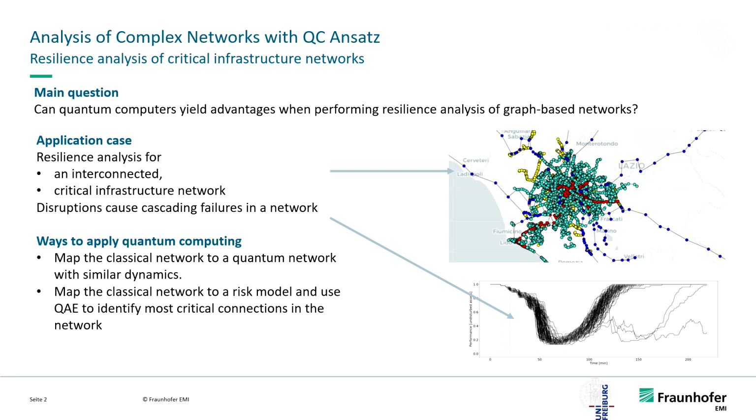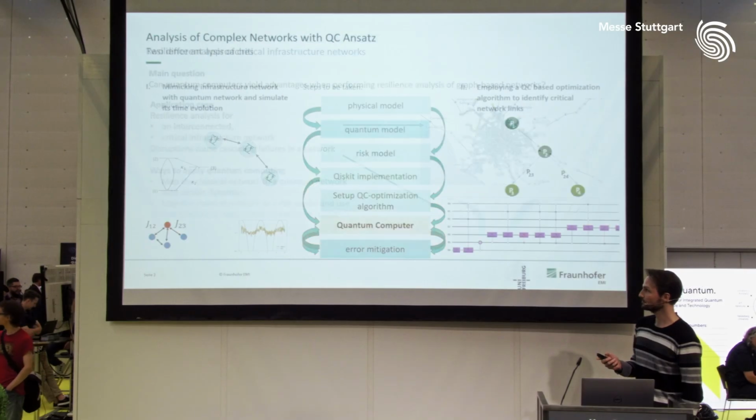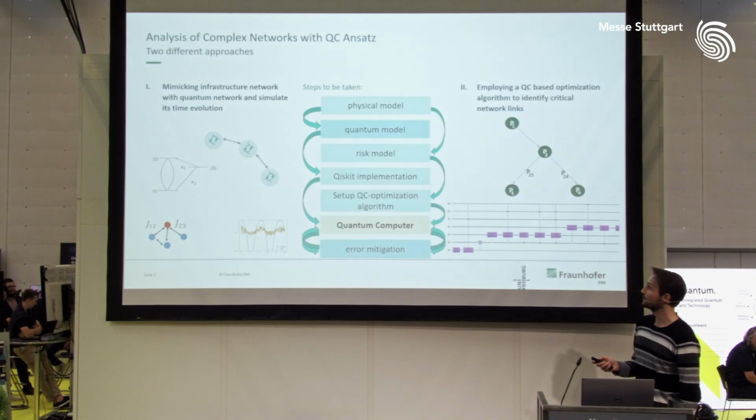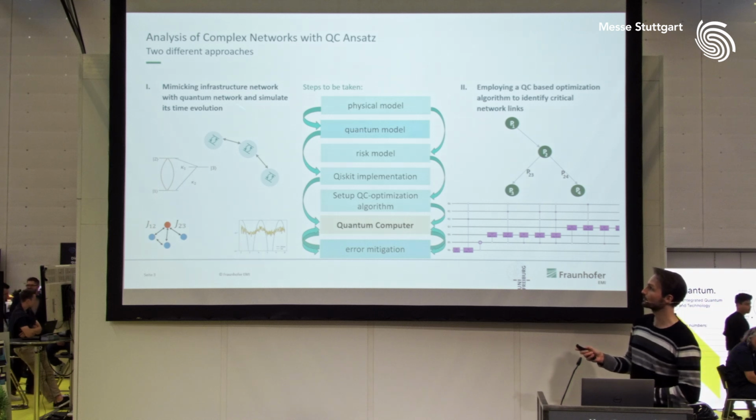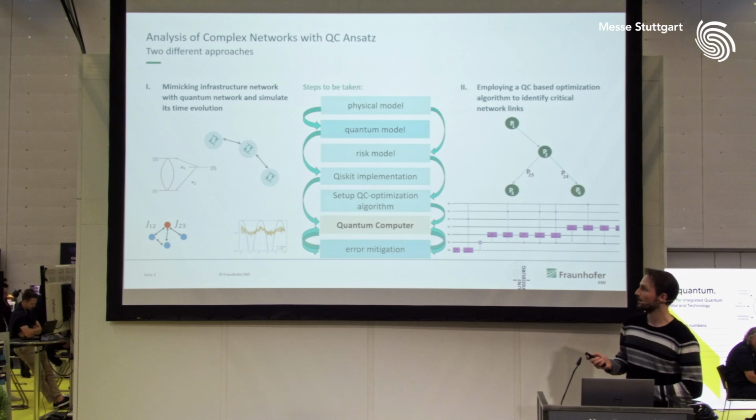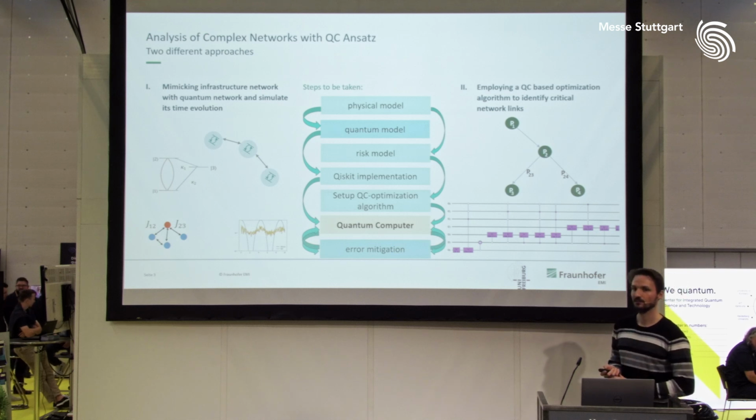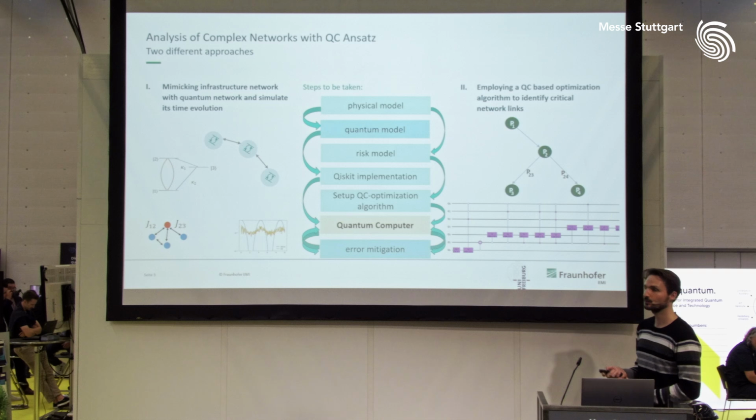And since this is a network problem and a combinatorial problem in that sense, we thought that it might fit quantum computing methods. So we tried so far 2 different methods to tackle the problem. My colleague will introduce you to the first method, where we try to mimic the infrastructure network by a quantum network.